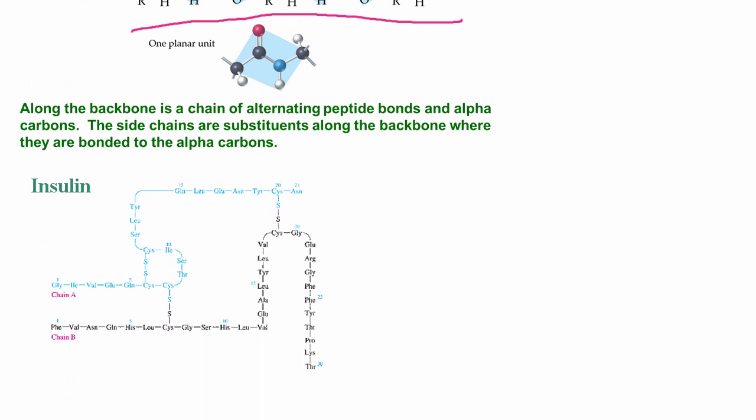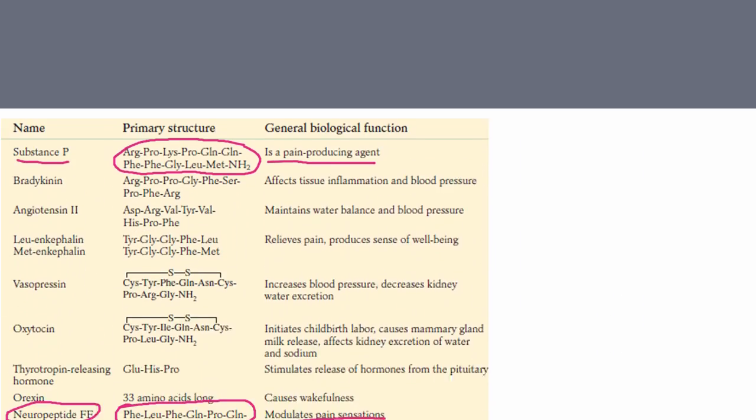Here's an example of the primary structure of insulin. And we see that insulin is actually composed of 2 protein chains, and they're linked together by these disulfide bonds. Remember, we talked about that in the organic chemistry portion.